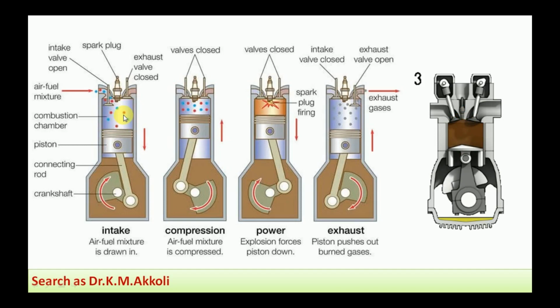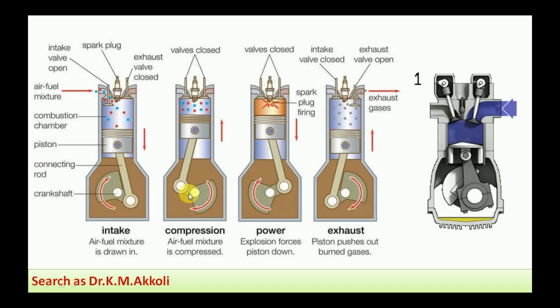That means a lower pressure is reached inside the engine cylinder compared to the outside atmospheric pressure. Due to that pressure difference, the air fuel mixture through the carburetor enters and occupies the space inside the engine cylinder.